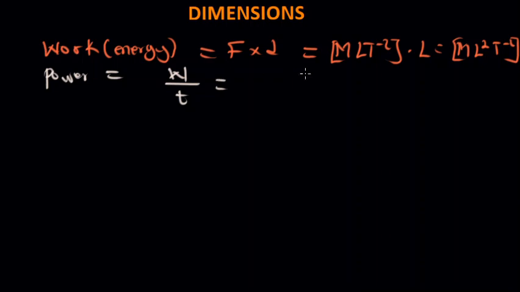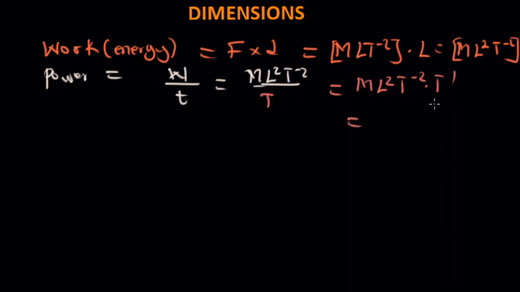We already know that of work, which is ML^2T^-2, over time, and we know the dimension of time to be just T. So when we bring the T up, we'll have ML^2T^-2 times T^-1, and the final answer will be ML^2T^-3. This is the dimension for power.